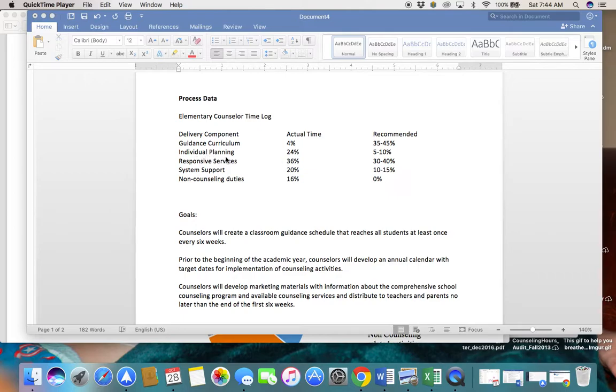For individual planning, she thought that was her time spent planning for guidance lessons or small groups or anything like that. That type of planning is actually system support. Individual planning is working with individual students on planning for the future.